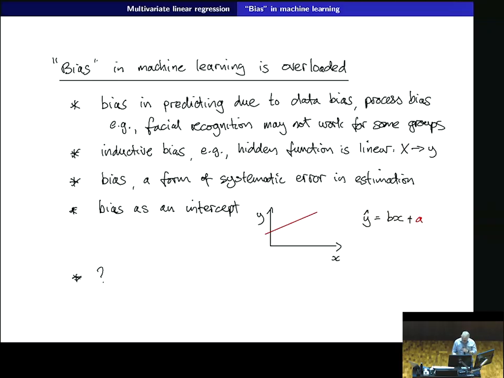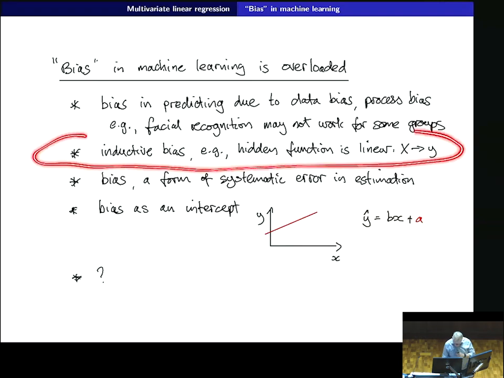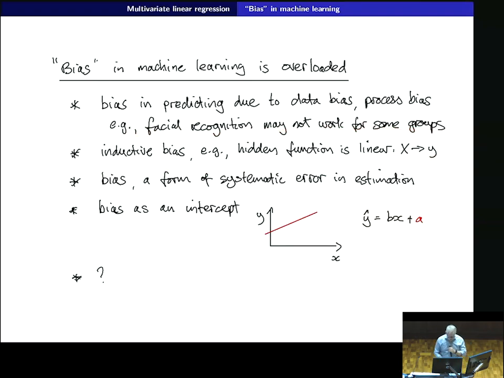And that's important because there can be legal and ethical issues that arise from doing that. I won't get into that. There's an example here for facial recognition. The second, I would suggest, important use of the term bias in machine learning is inductive bias, which is exactly what I've just been talking about.